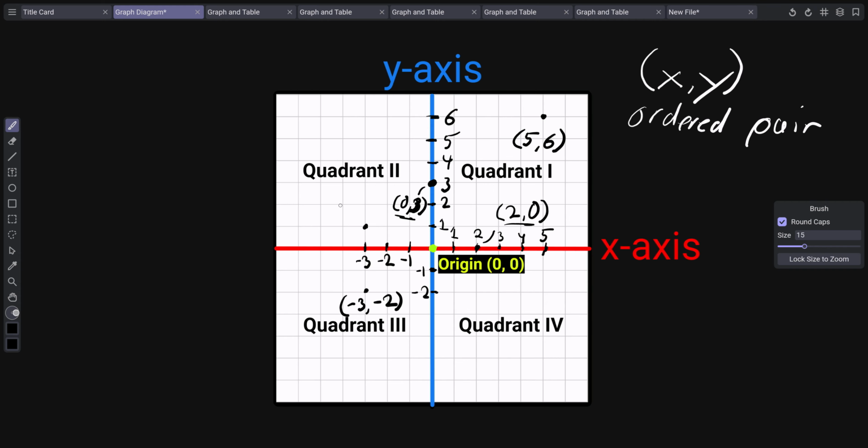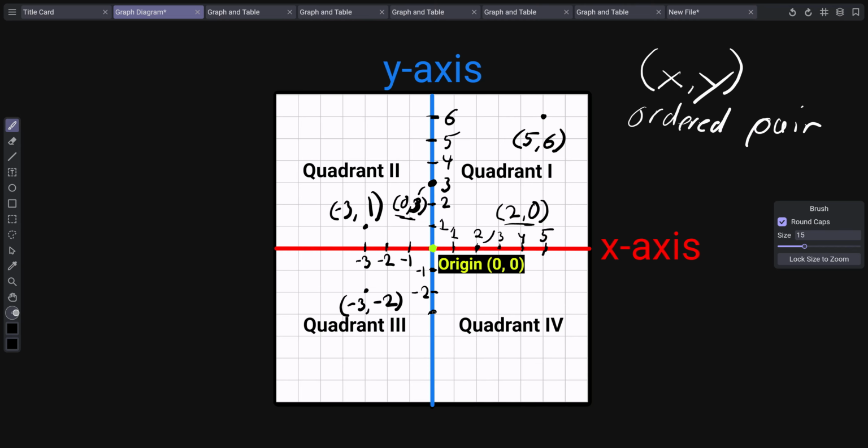Well, this would be -3 and +1. Because going left on the x-axis yields a negative number, and then going up on the y will yield a positive number.